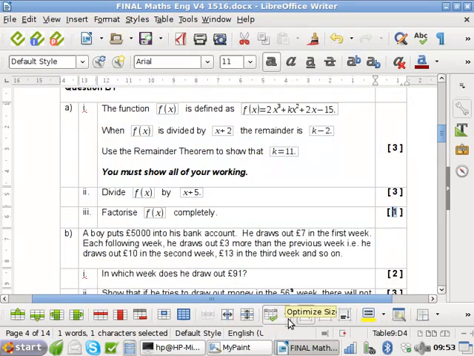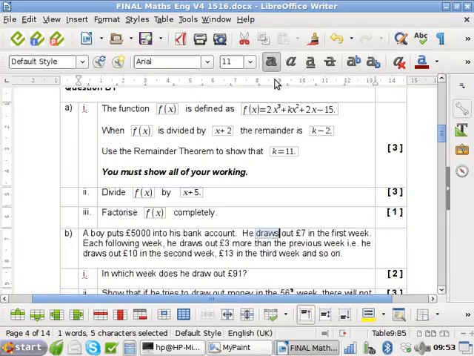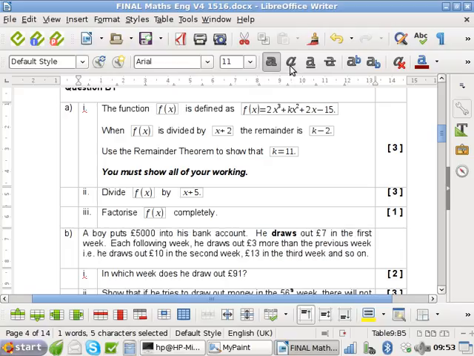B. Now again, I was talking to the business students about this. Whoever wrote this exam, he's older than me, so his English maybe seems older. So this word here, draws, it's a very old word, and I wonder if anybody knows what it means. If you go to a bank and you draw money.